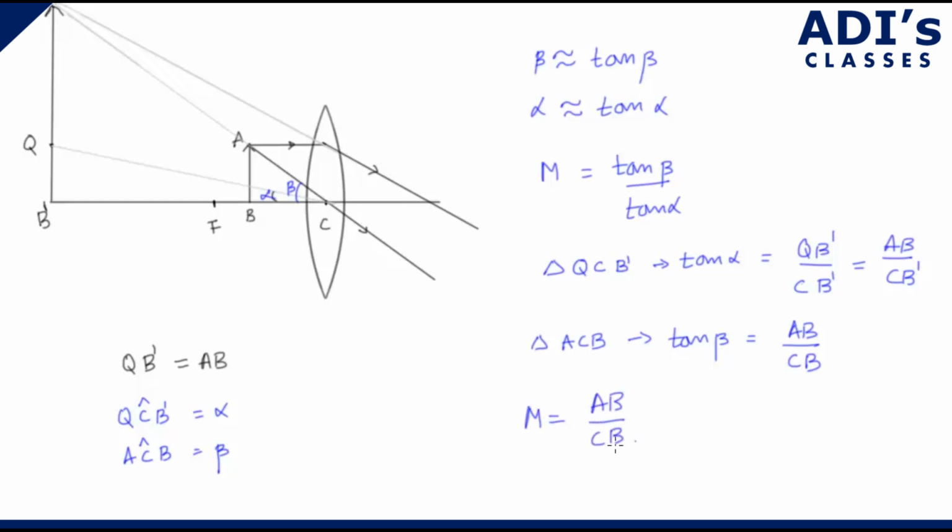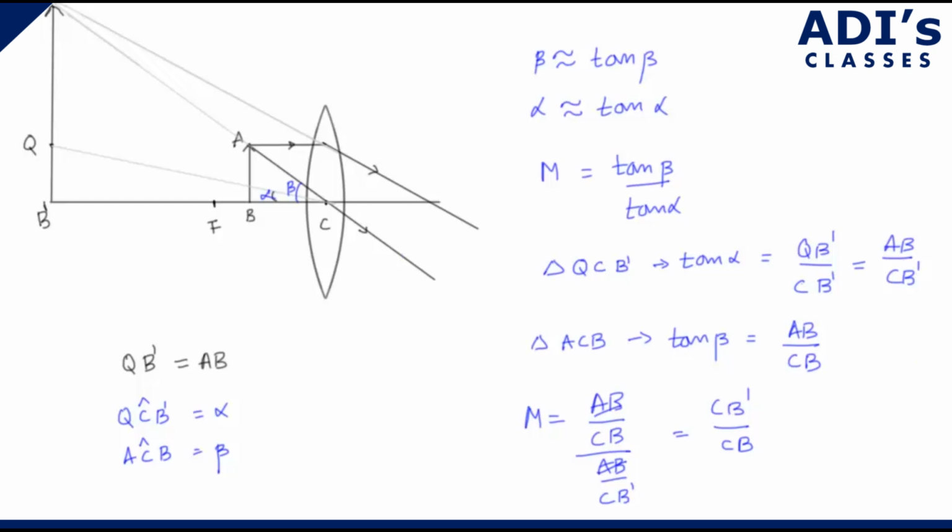If you substitute that, you get m is equal to AB divided by CB, by AB divided by CB dash. AB cancels, so we just get CB dash divided by CB.